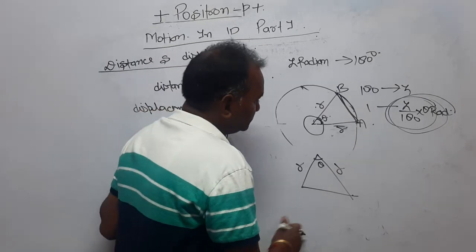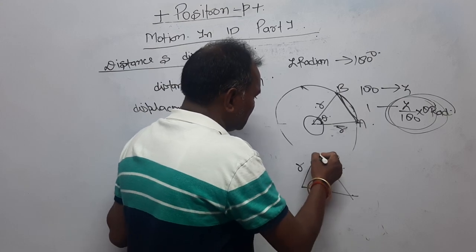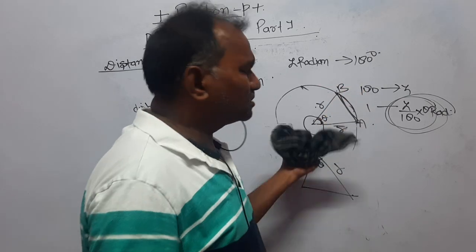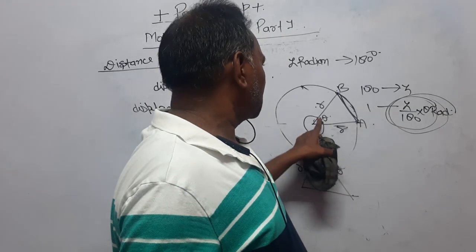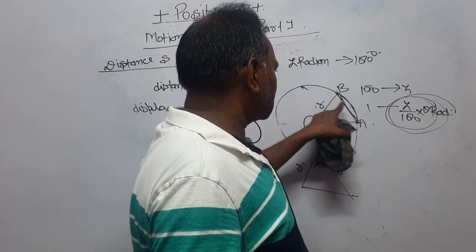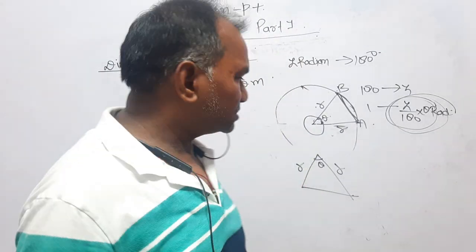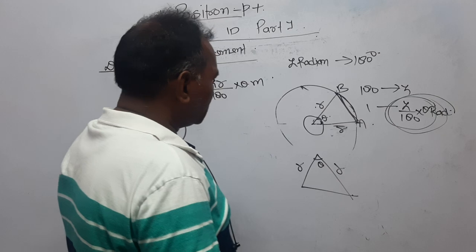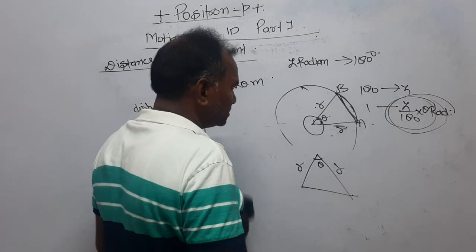So what I am doing here, you can apply the cosine law also, right? That is cos theta equal to this square plus this square minus this square. You can apply the cosine law, but I am telling you a very simple method.